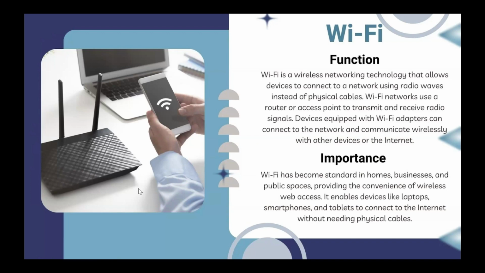Devices equipped with Wi-Fi adapters can connect to the network and communicate wirelessly with other devices or the internet. Wi-Fi has become a standard in homes, businesses, and public spaces, providing the convenience of wireless web access. It enables devices like laptops, smartphones, and tablets to connect to the internet without needing physical cables.